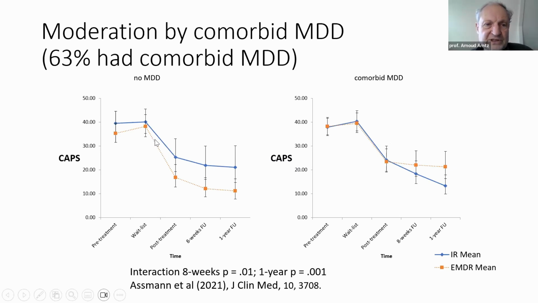And the opposite is taking place when there is no comorbid depression. That is, EMDR does a better job when there is only PTSD and no depression. Now, we have some ideas about explanations for the presence of comorbid depression.